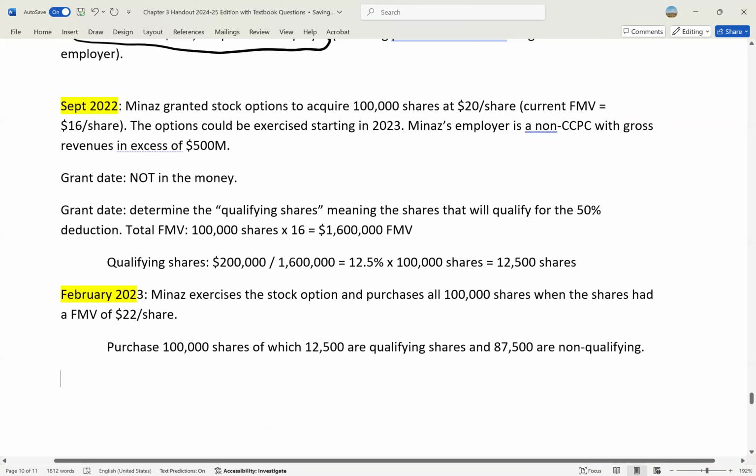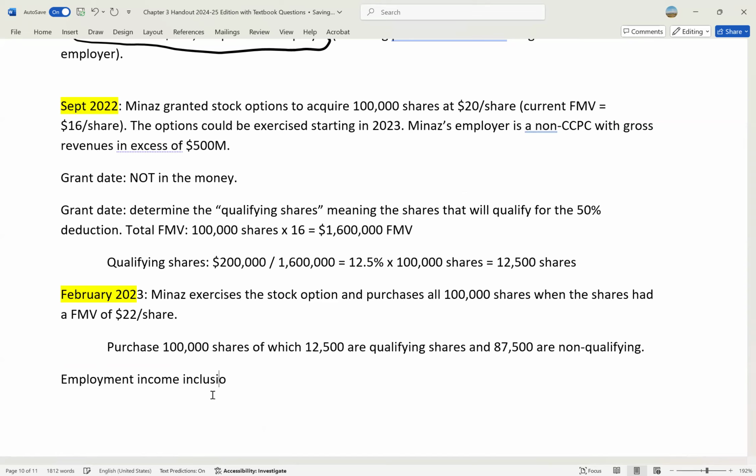So then we said that we have to calculate that employment income inclusion. Same calculation: we take 100,000 shares times the difference between the fair market value when he exercised the stock option, 22, minus what he paid. He paid again $20, so a difference of $2.